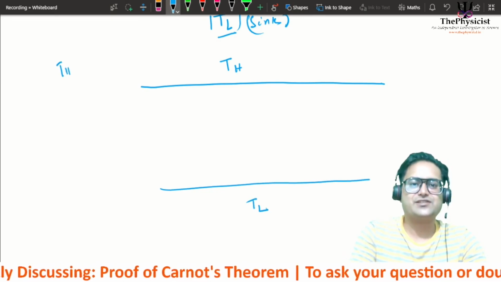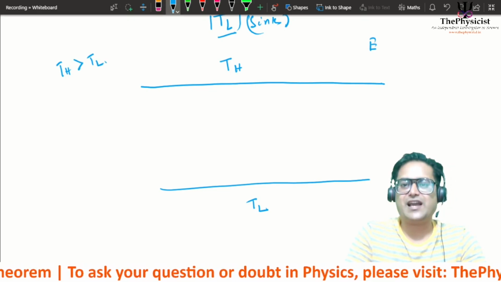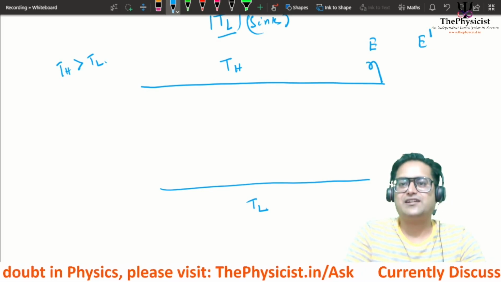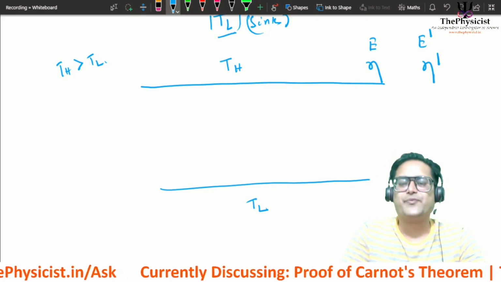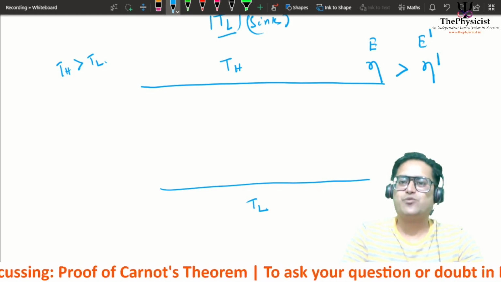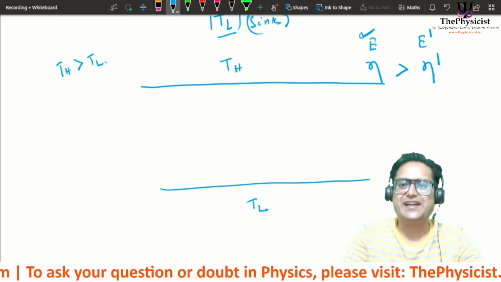Of course, TH is greater than TL. Now imagine I have two engines, E and E dash. So E will have an efficiency eta, E dash will have an efficiency eta dash. And also imagine that eta is greater than eta dash. That means both of them are reversible, but somehow E is more efficient than E dash.